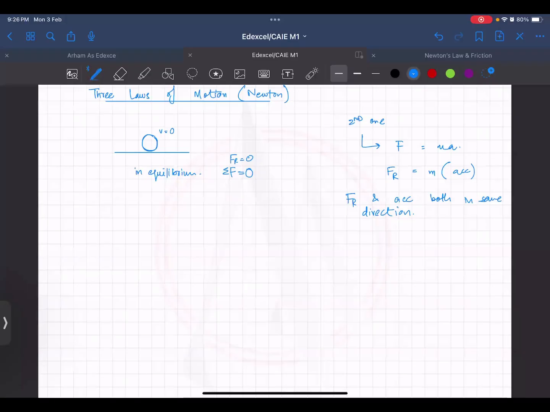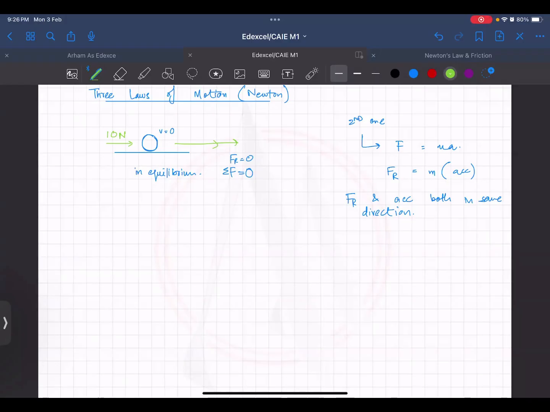For example, if right now the ball was in equilibrium and someone kicks the ball horizontally, he or she has applied a horizontal force of, let's suppose, 10 newton. So definitely the ball would start to move rightward, in the direction of the resultant force, because the overall force on the ball is now this 10 newton.